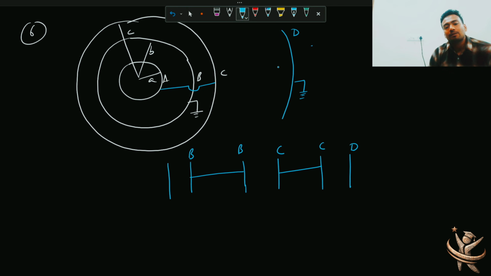B की दो plates आपने बनाई क्योंकि B is making capacitance on left side and right side. C के लिए भी दो plates left side and right side. तो B का अगर आप देखो one with A and one with C, it makes sense. Let's say it is C1, let's say it is C2, right? And B and C एक हो गया, and then C and D, that is C3.